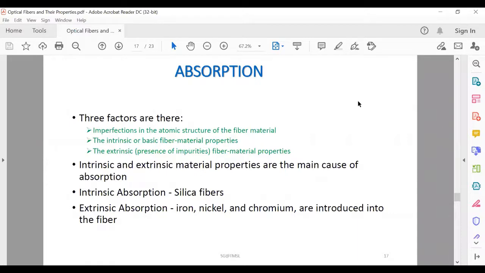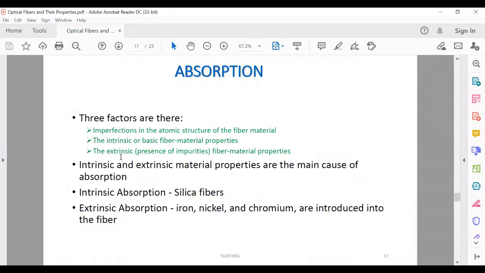Absorption in optical fiber is explained by three factors. First is imperfections in the atomic structure of the fiber material. Second is the intrinsic or basic fiber material properties, and the last is the extrinsic fiber material properties. Extrinsic means the presence of impurities.